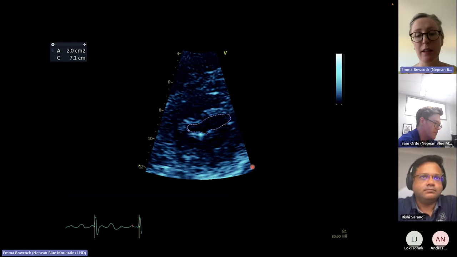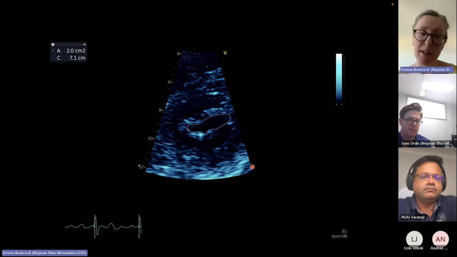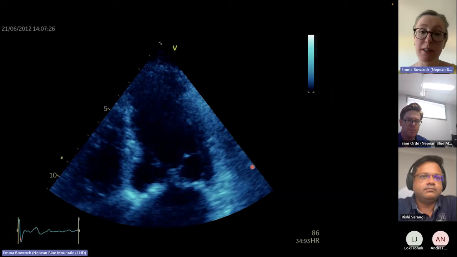And of course we do that when we do transesophageal echo as well, because it's pretty good. 3D planimetry is excellent, especially with transesophageal echo.